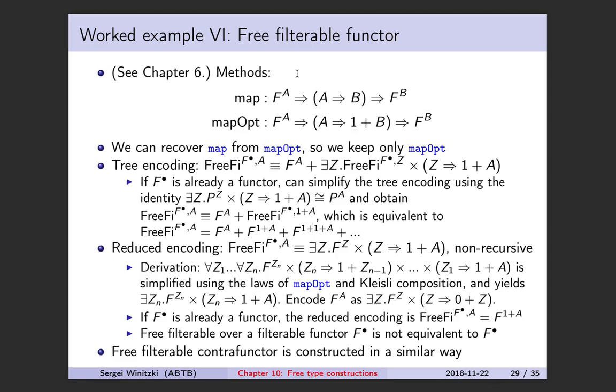So these are the methods of inductive type signature, and they return the type that we are constraining. Now, actually it's sufficient to keep just mapOpt, because we can restore map from it. So let's not overdo things, and let's just implement one method in the free construction, since we can easily get this out of this.